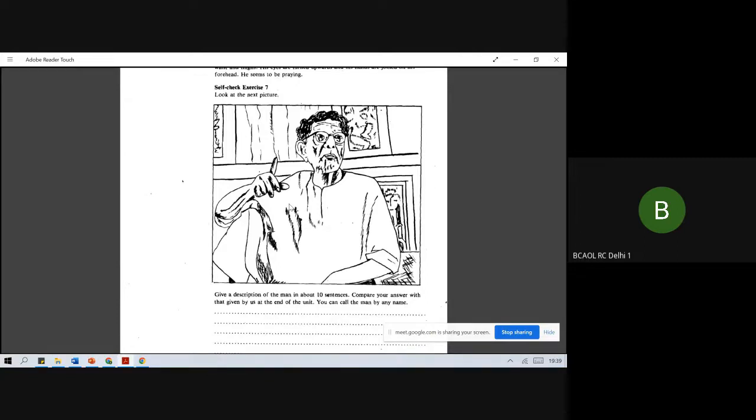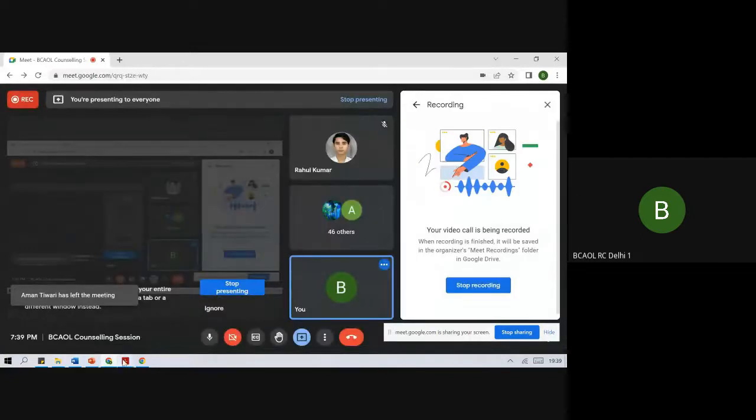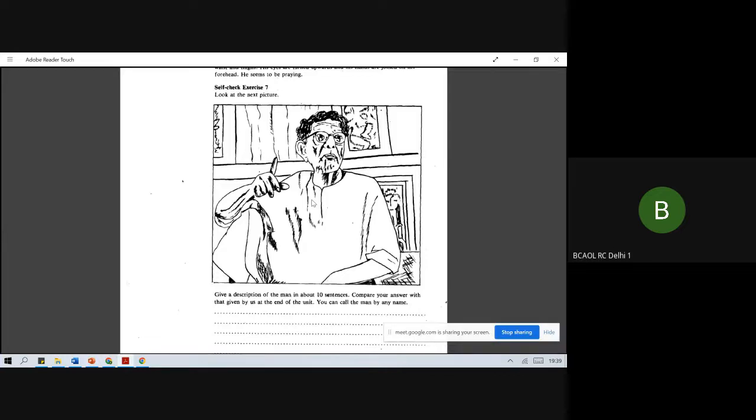Crops means the agriculture product. He is talking about that with his wife or children, anything. So you can imagine any situation.